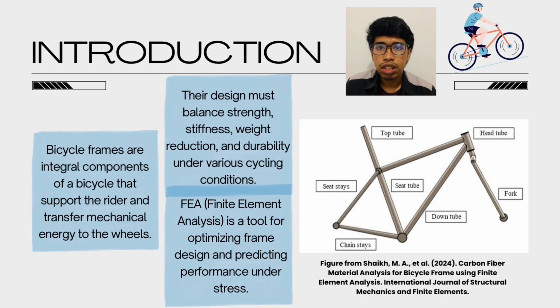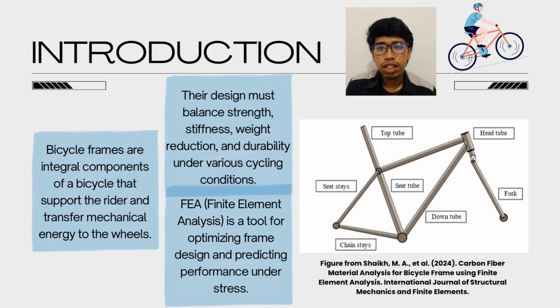Bicycle frames are an integral component of a bicycle that support the rider and transfer mechanical energy to the wheels. This means the frame holds the rider's weight and carries the force from pedaling to the wheels. It is the core part that keeps everything connected and working.